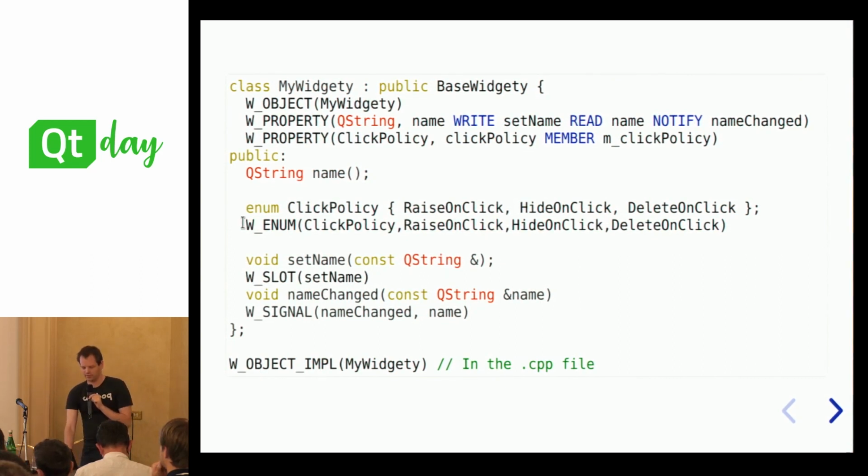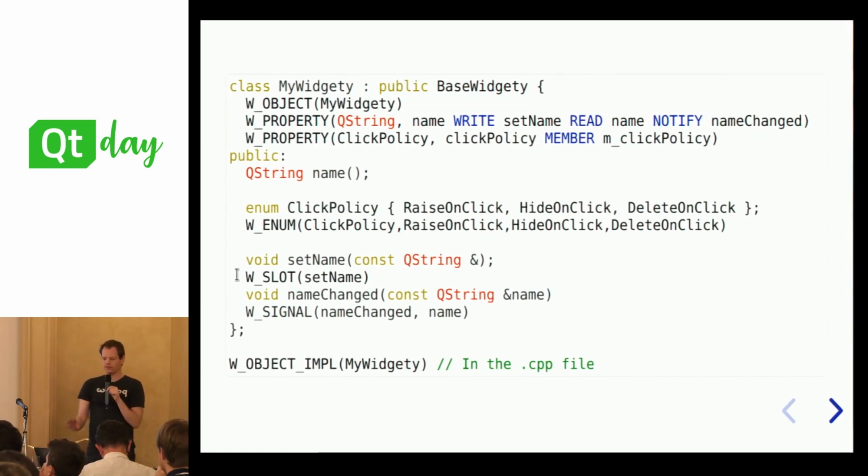Yes, the enum could be improved here, as you have to repeat every name. That's not ideal, but it could be improved. But otherwise, for property and signals and slots, there are some changes, but it's overall not so different.